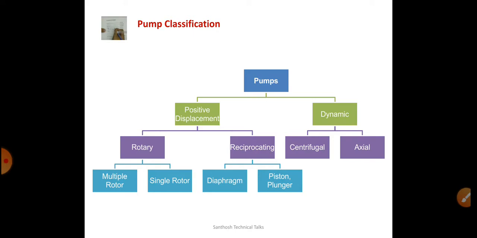If I am giving 1 meter cube of liquid inside the pump in my suction stroke, that 1 meter cube should be outside in the next stroke or the next process. So that is the thing about a positive displacement pump.